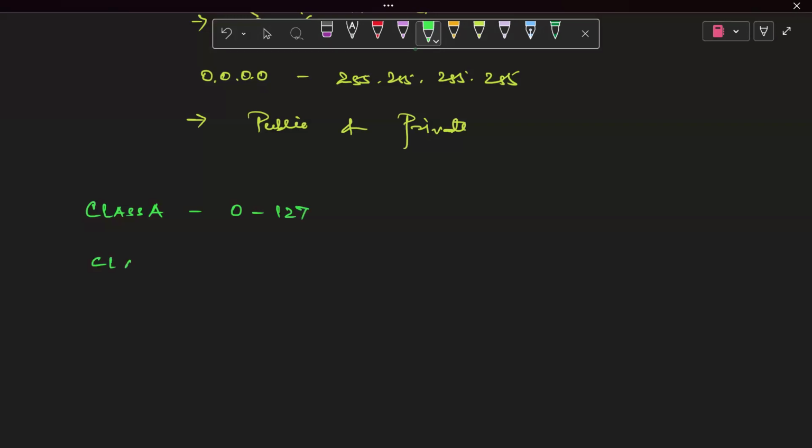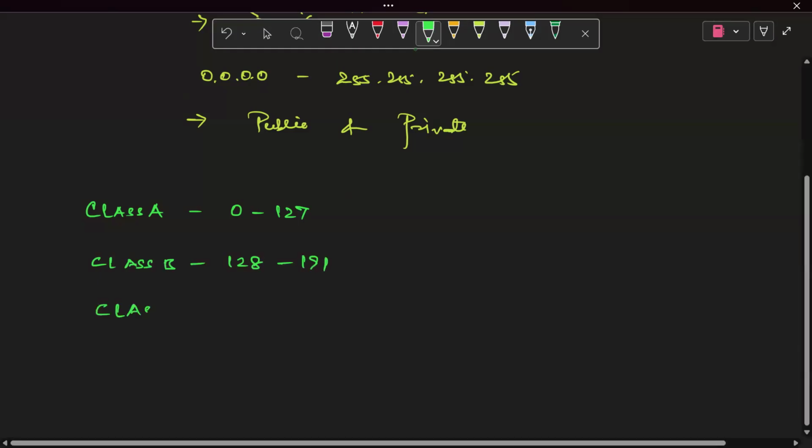Now for class B, what is the range? 128 to 191. For class C, 192 to 223. Then for class D, 224 to 239.